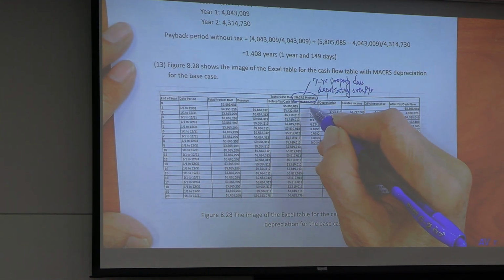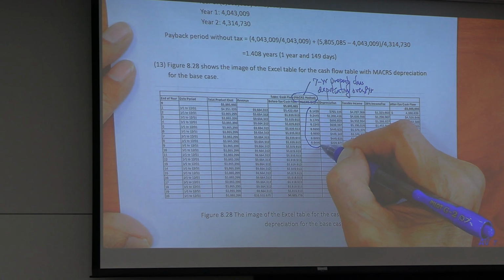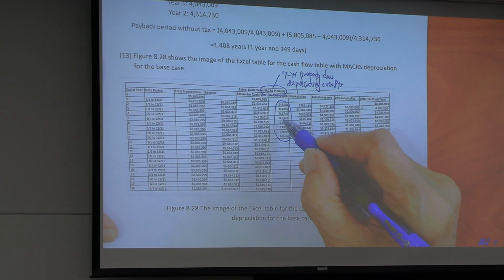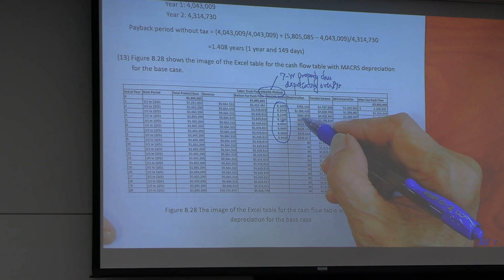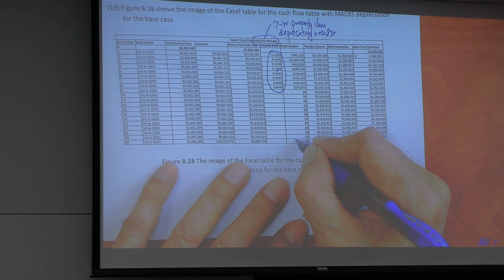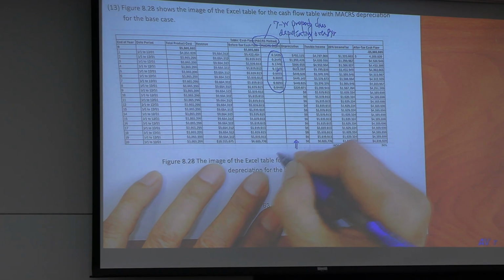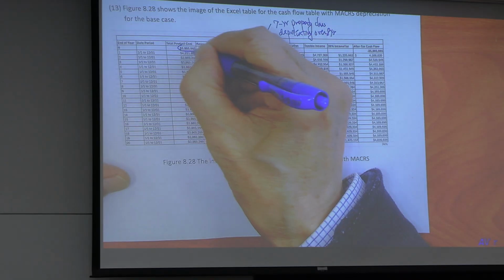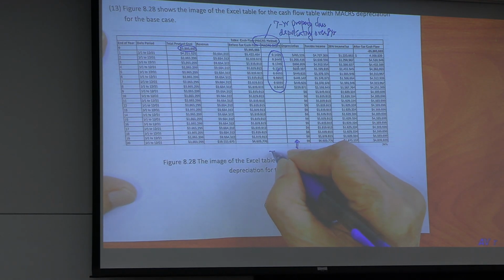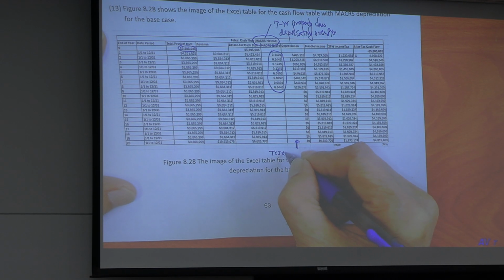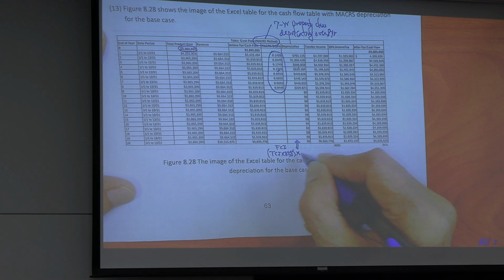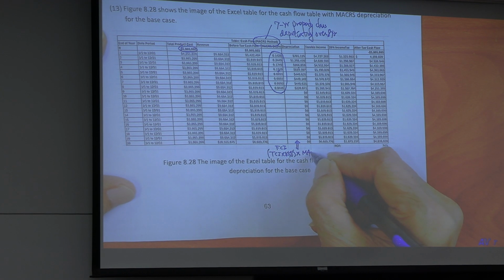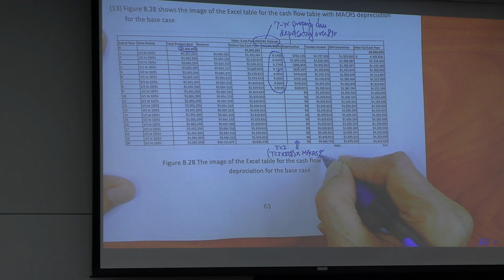Okay, so you look at this. This is copied down from previous page. Depreciation. Now your depreciation is TCI times 85%, FCI times MACRS percent.